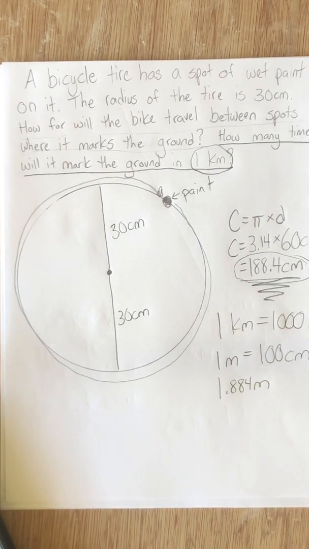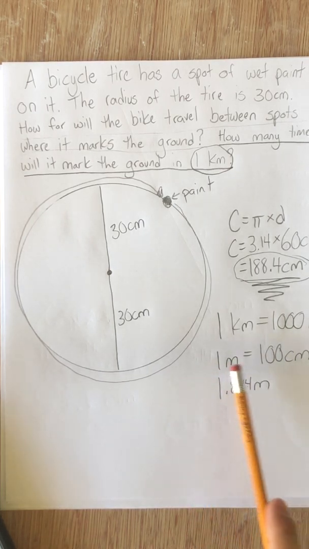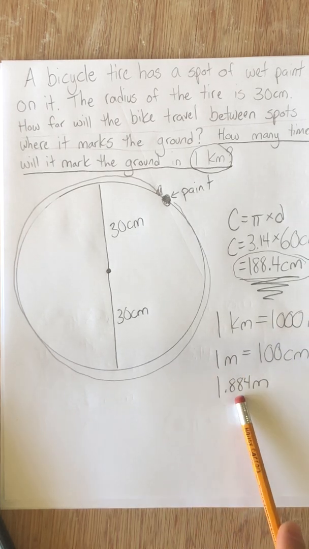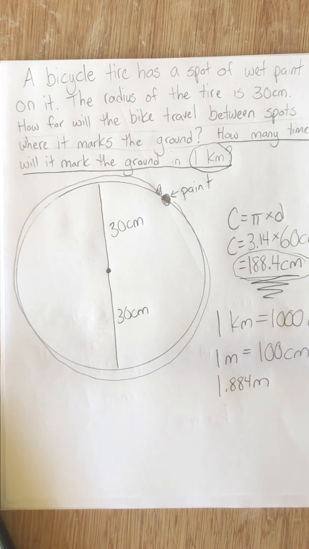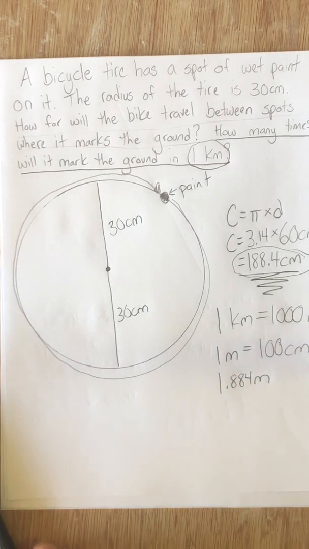So now what I need to see is how many times my tire marks a spot on the paint every 1.884 meters, how many times it marks that in 1 kilometer, in 1,000 meters. So I see how many times 1.884 meters goes into 1,000 meters.